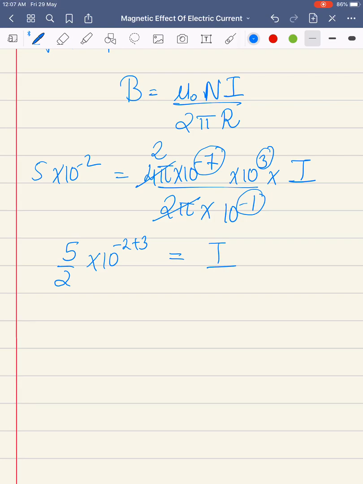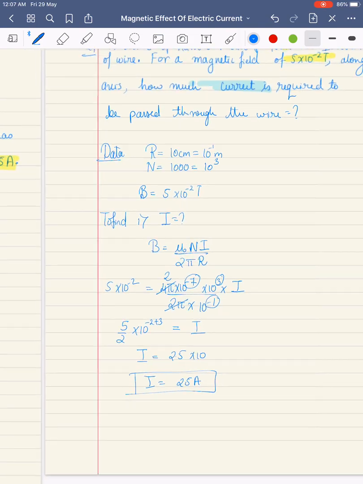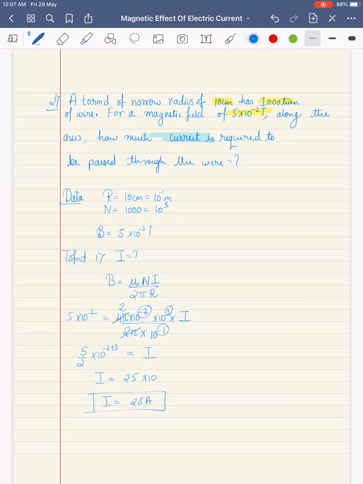So basically the current I is equal to 2.5 into 10. So the total current is 25 ampere. This is the current that is flowing. Getting it clearly? Okay.